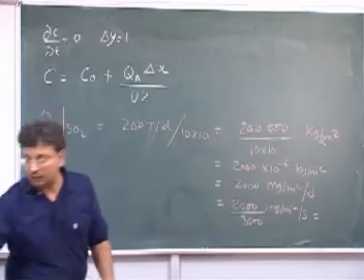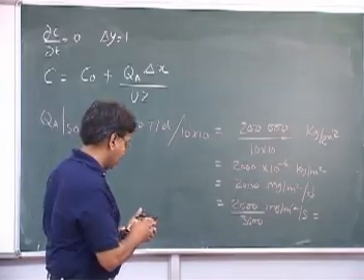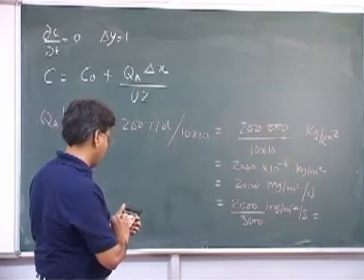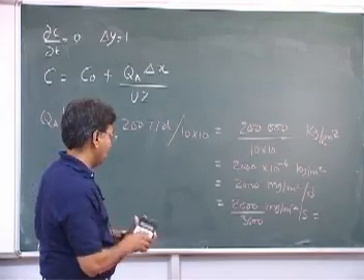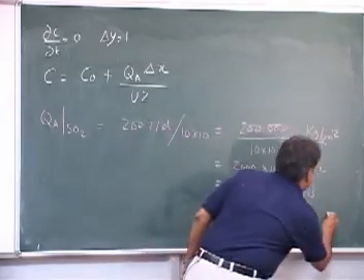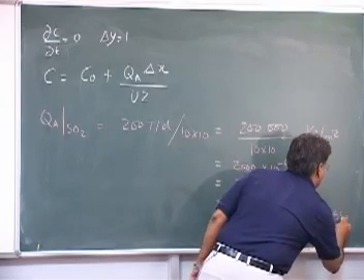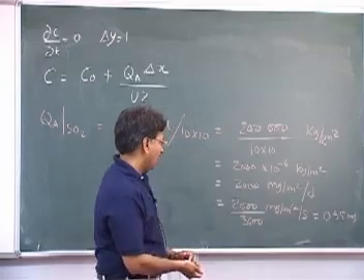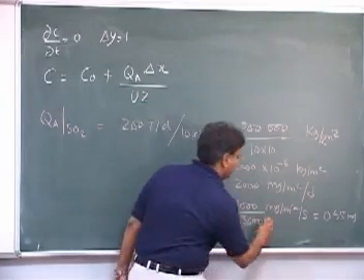I have the calculator, so I'll do that. 2000 divided by 3600. I want to get in, oh yes, there has to be 24 too.